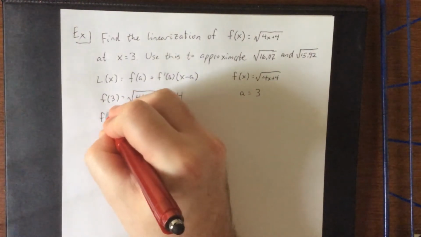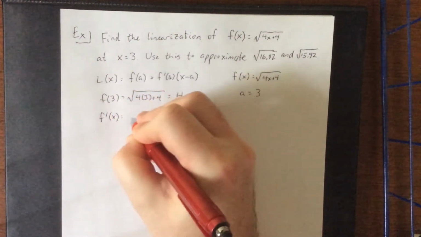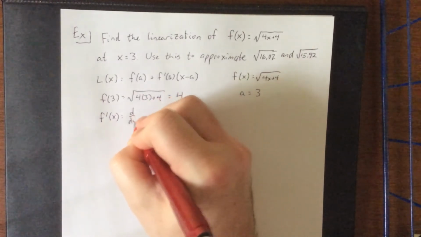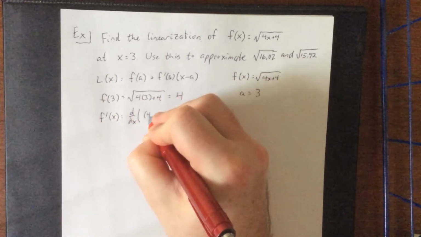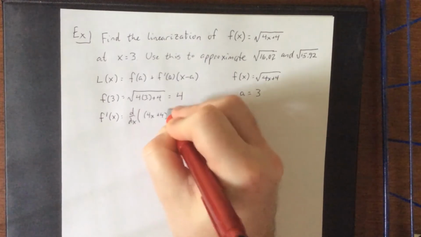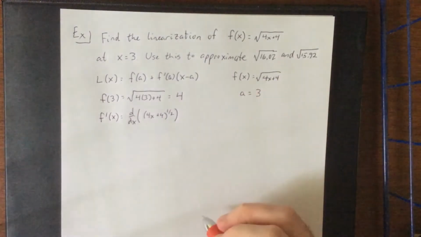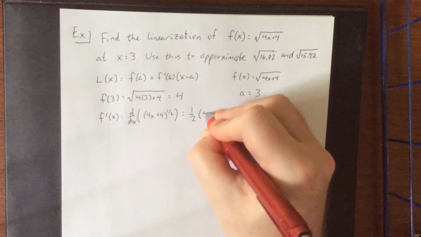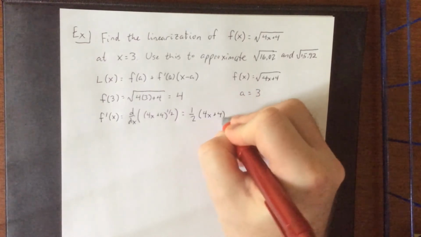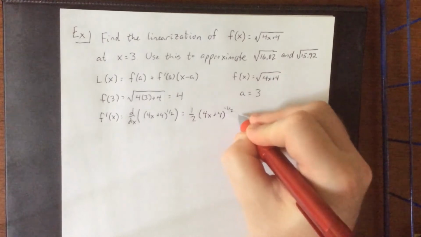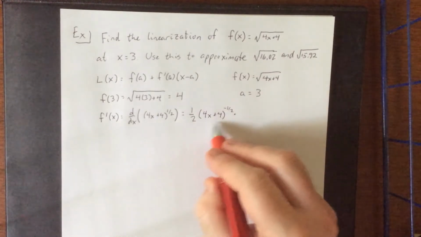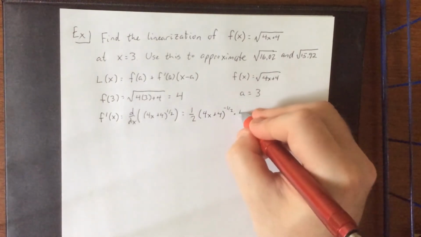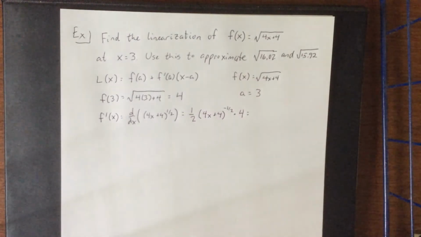Additionally, we are going to need the derivative of our function. Because it is a radical function, we'll do what we would typically do for a radical function and refer to it as a 1/2 power. Applying the power rule to the outside, we'll get 1/2 times 4x plus 4 to the negative 1/2 power, and then, because of the chain rule, multiply by the derivative of the inside, which would be 4.